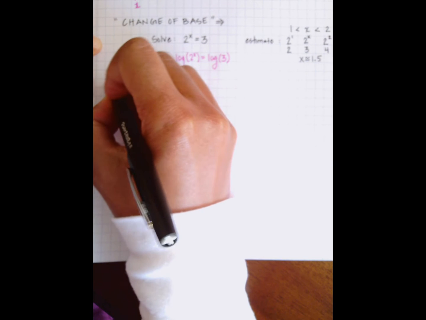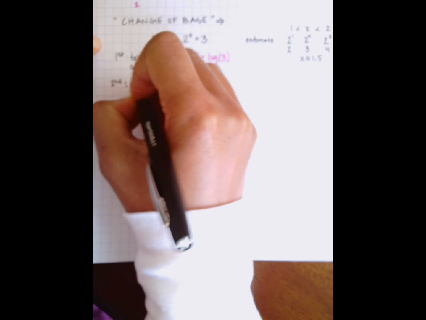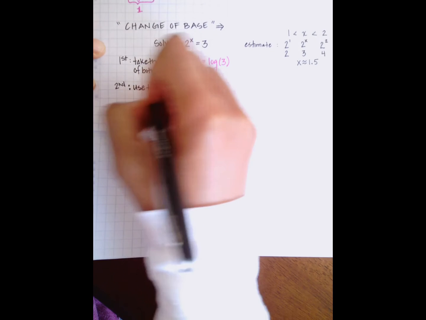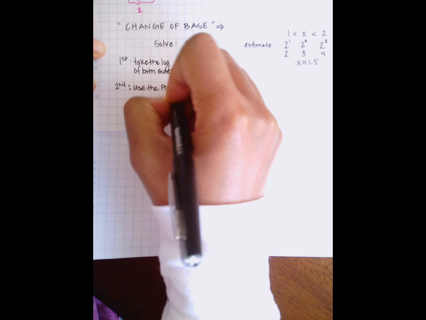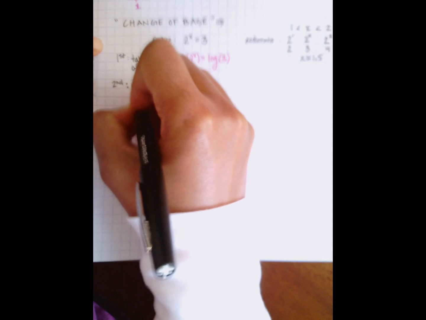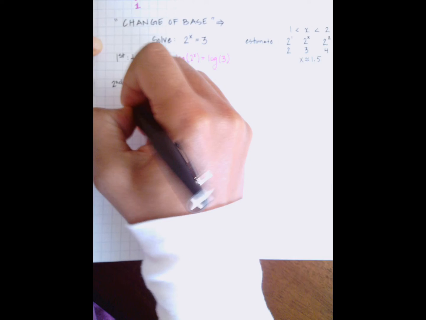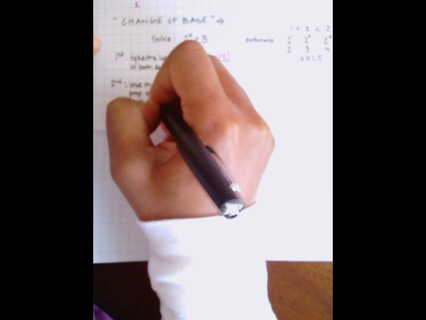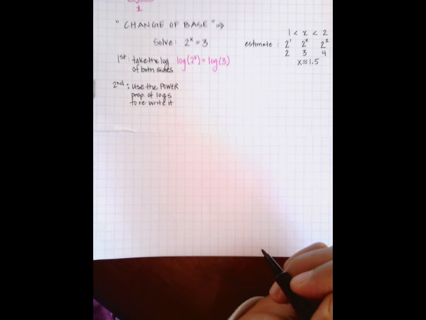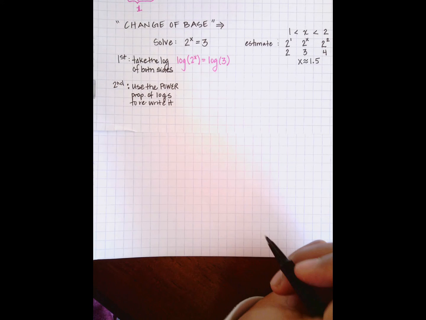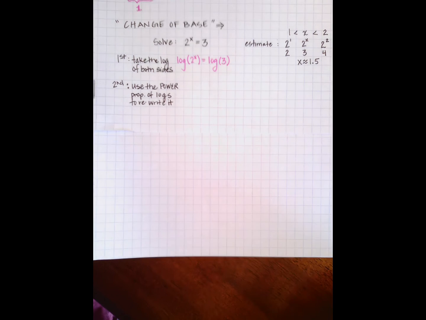The second step is I will use the power property of logs to rewrite the equation. The power property of logs is that when you have a power in a log, you can knock that power down to the front and rewrite it.